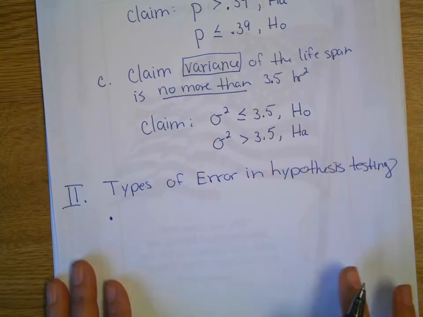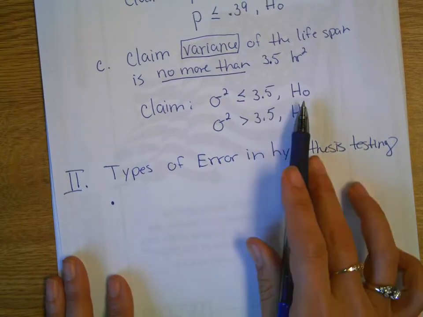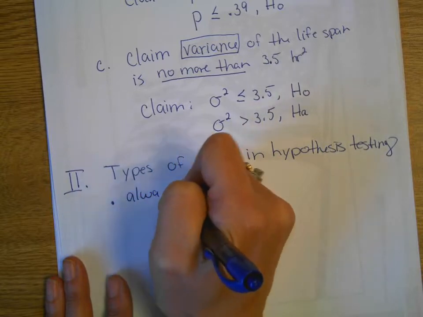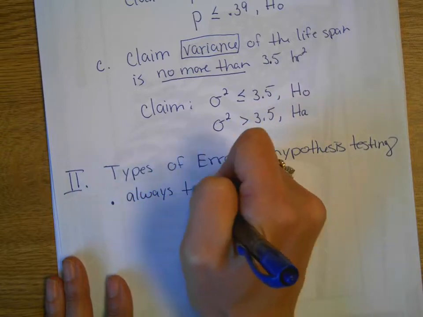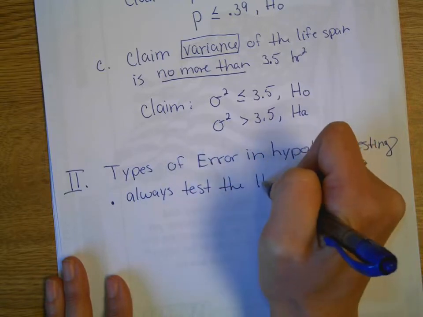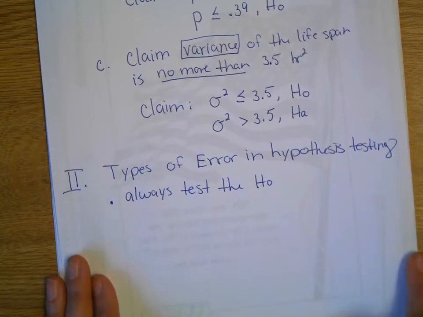Okay, first off, when you actually start the hypothesis testing, we always test the null. Is the claim always the null?